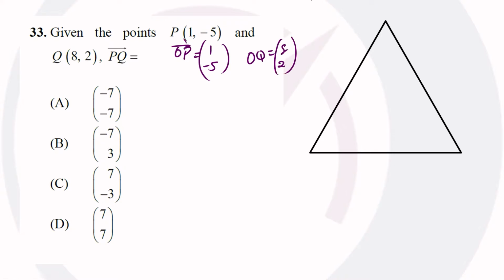Let's call here the origin O, 0, 0, and let's call here P. So this is from O to P, 1, negative 5. And then this one says OQ, so let's call here Q. Therefore OQ is equal to 8, 2.